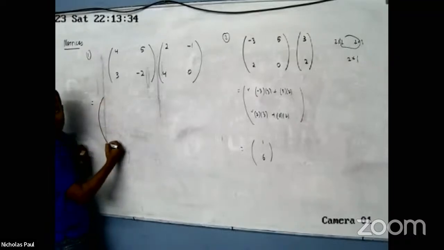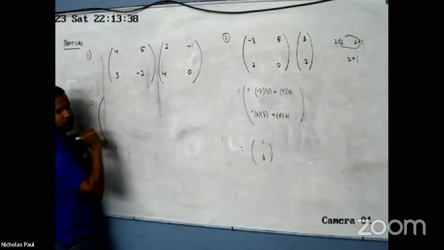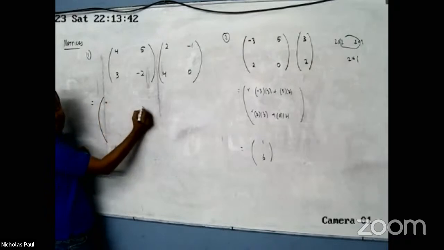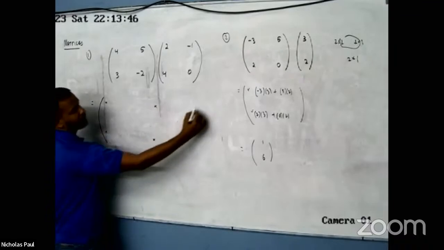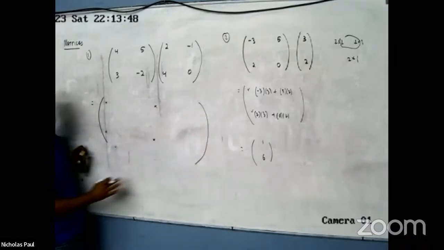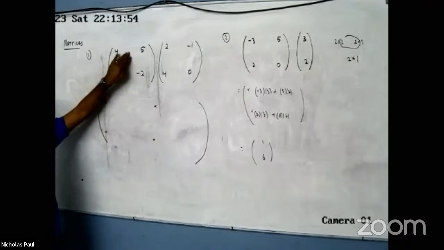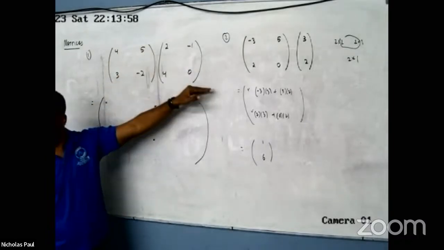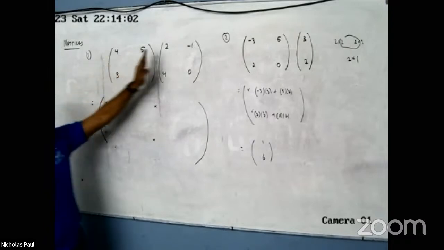So watch this here, right? What's the answer for 2 by 2 by 2 by 2? 2 by 2, right? So I'm supposed to get 4 values. That's okay? So you're doing 4 steps of multiplication. So you're doing row by all the columns, row by all the columns. So you're doing this row by this column.